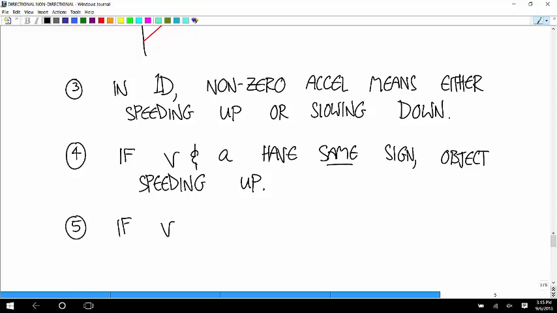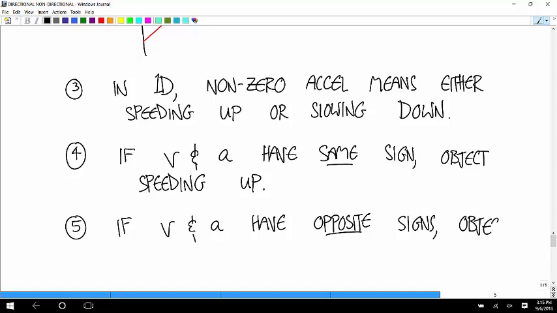And if v and a have opposite signs, the object is slowing down. The velocity tells you the direction, and the two signs together tell you whether it's speeding up or slowing down.